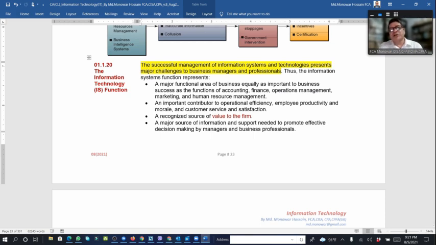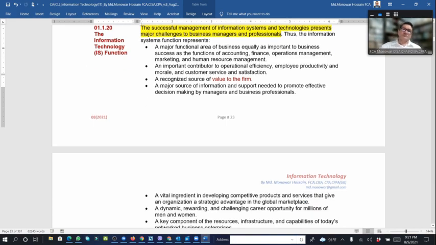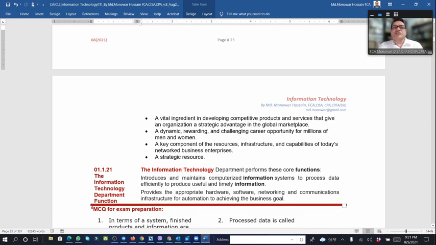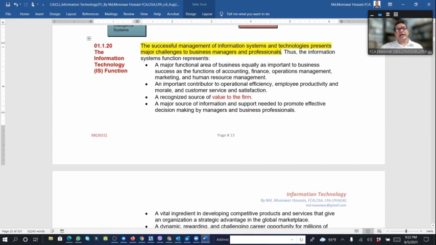It is an important contributor to operational efficiency, recognized as a resource that adds value to the firm, a major resource of information and support needed for effective decision making, a vital integration of development, competitive production and service of the organization, a dynamic and rewarding career opportunity, and a key component of the resources, a strategic resource. So that is the information technology function.